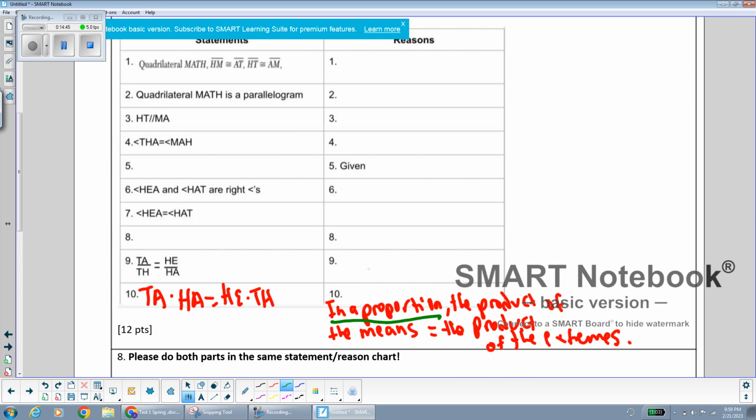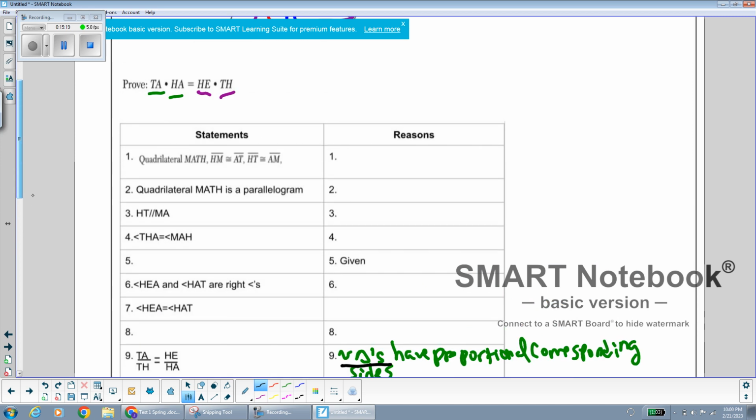And to prove a proportion, it's always the same reason every time as well. Similar triangles have proportional corresponding sides. So in our reason here, it tells me what needs to come before proving a proportion. In order to know that corresponding sides are proportional, we have to have similar triangles.